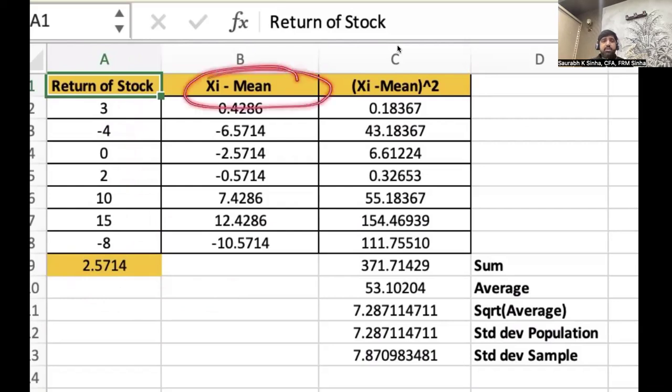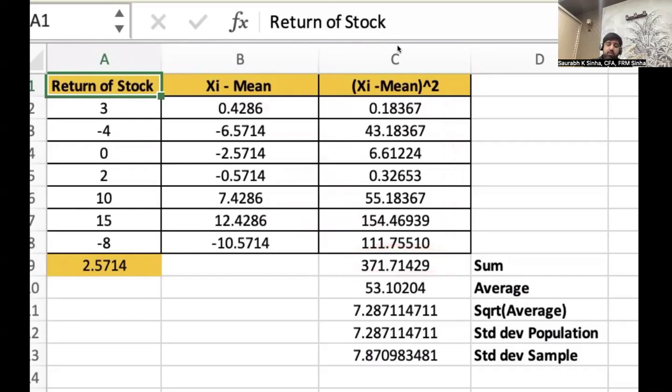The second step is to find the deviation from the mean: 3 minus 2.5714, minus 4 minus 2.5714, and so forth. Then you square each number and sum the values.